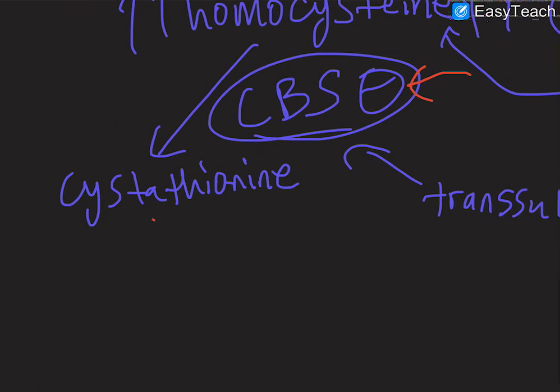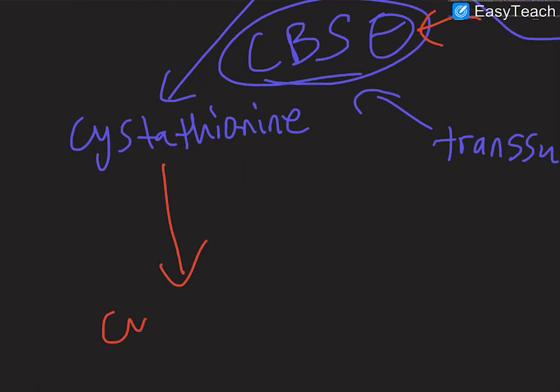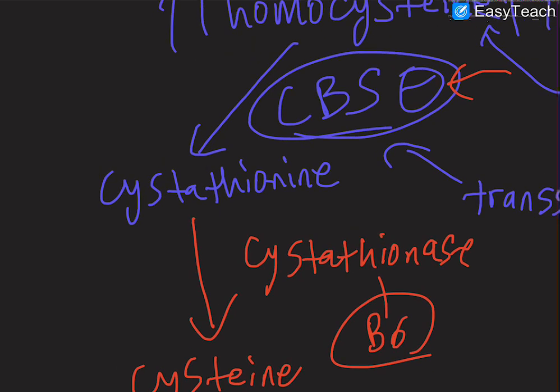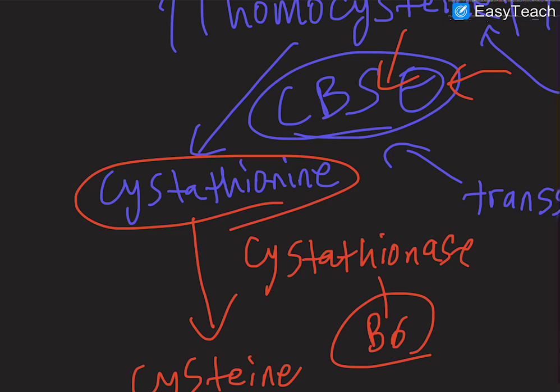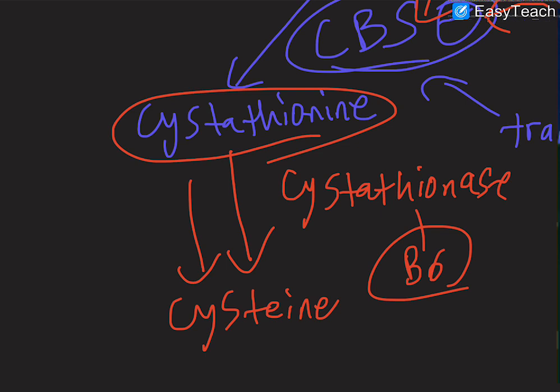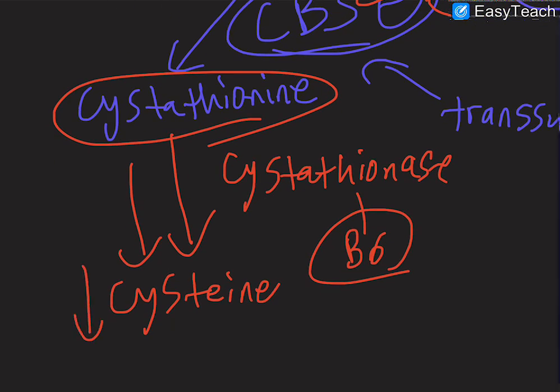Cystathionine gets converted into cysteine via cystathionase, which also needs B6 to function. But if we're not making cystathionine in the first place because of the defect in cystathionine beta synthase, then you're not going to make cysteine, so cysteine levels will be low. So we have elevated methionine, elevated homocysteine, and low cysteine.